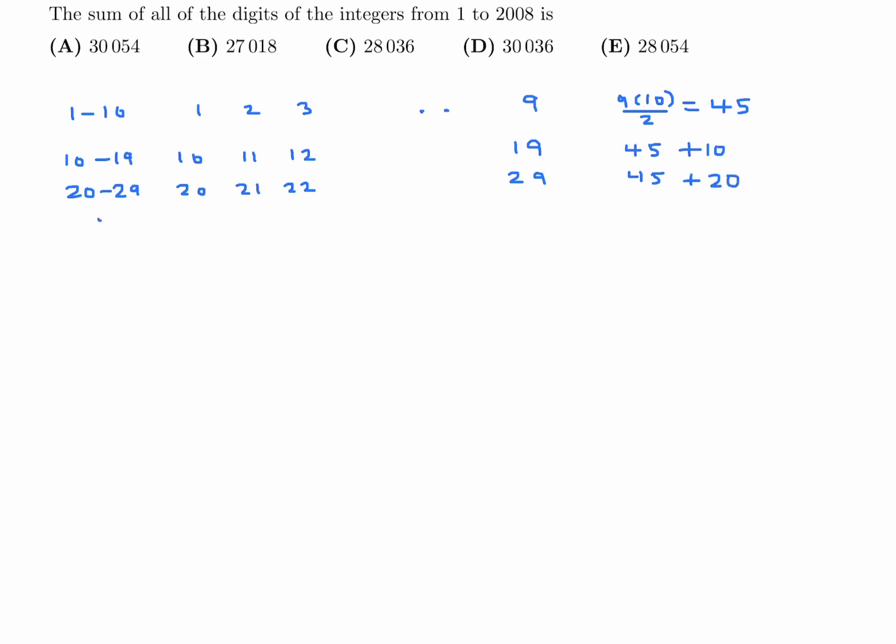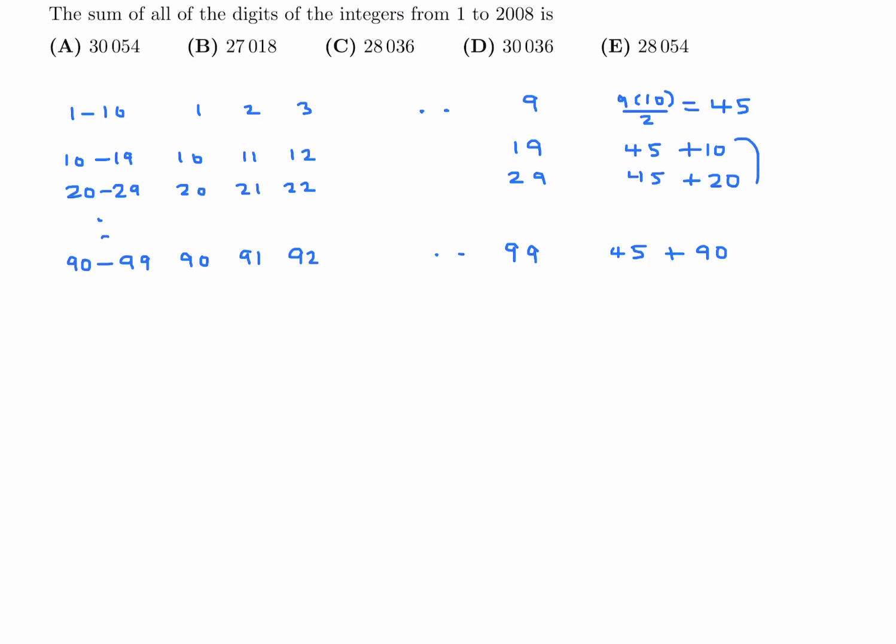And very similar, you can keep going until we get to 90 to 99. That's going to be 90, 91, 92, all the way until 99. If you add up the ones digits, it's 45. If you add up the tens digits, it'll be 10 times 9, which is 90.